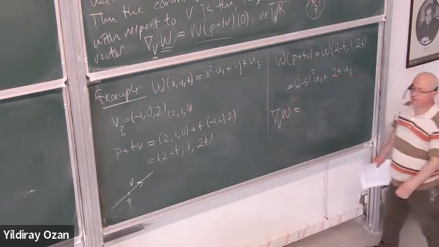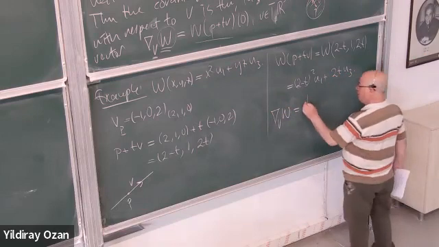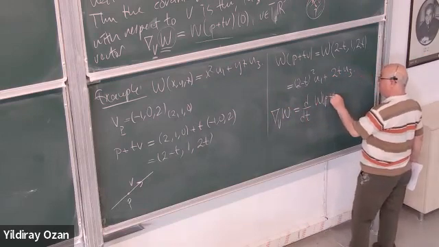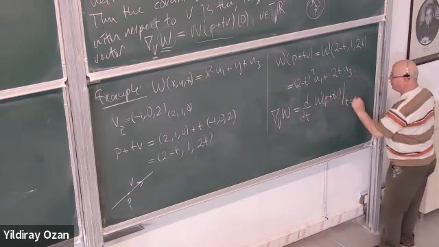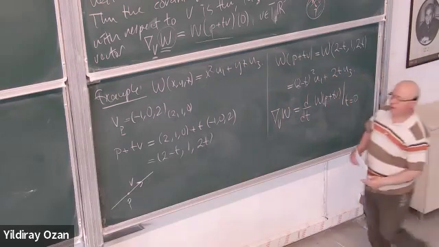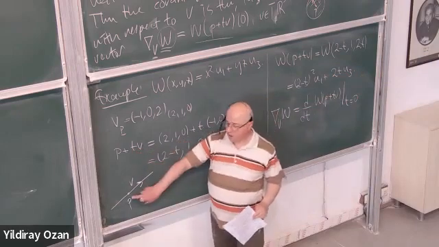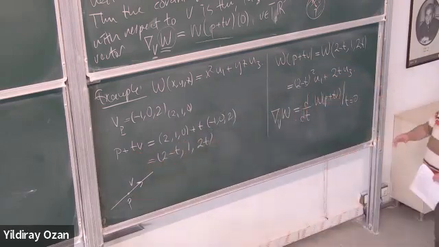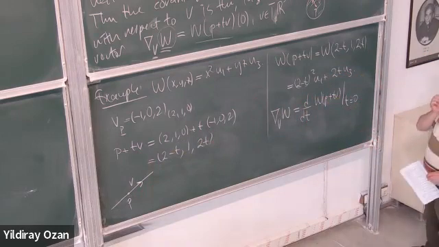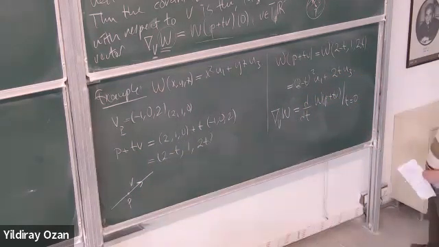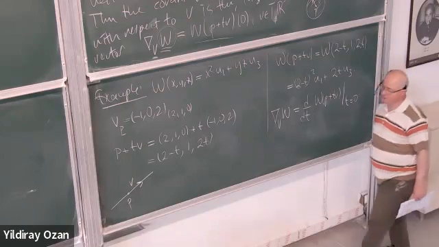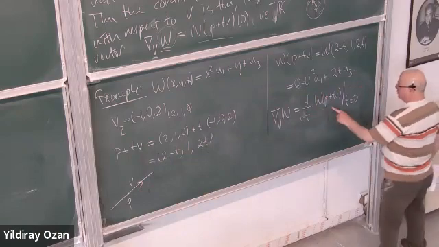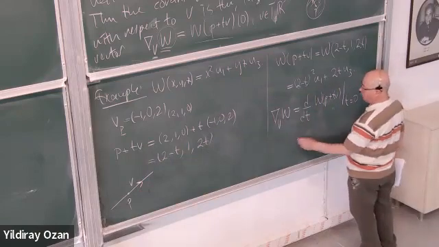So what is this covariant derivative? It is just d/dt of W(P plus TV) at the point 0. You see, when you plug T equals 0, you are really at this point P, right? So it is not just an arbitrary curve, but a curve that passes through the point P at T equals 0, and it has velocity vector V at the point P. All right, so I need to take the derivative of this gadget.